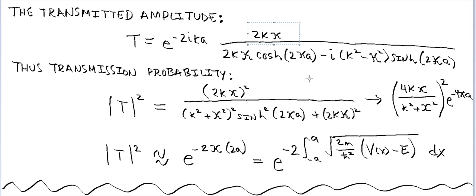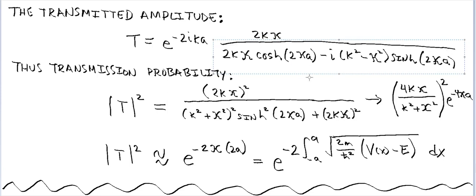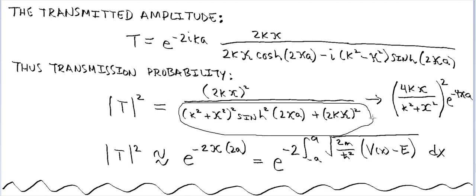The denominator will take a little bit of work, but you can demonstrate using other hyperbolic trig identities that you can rewrite this as this if you square it, right?